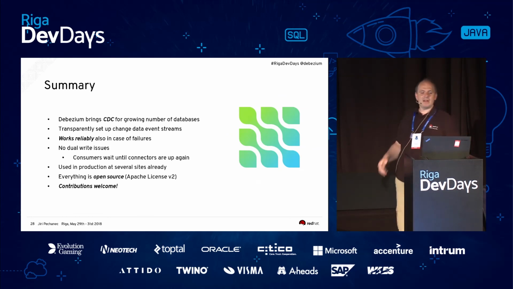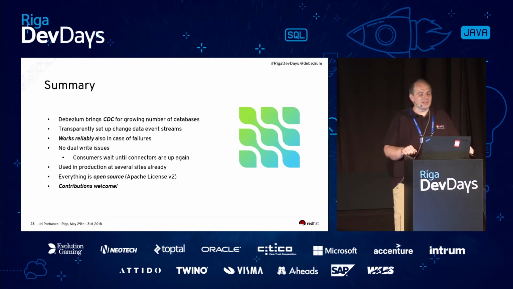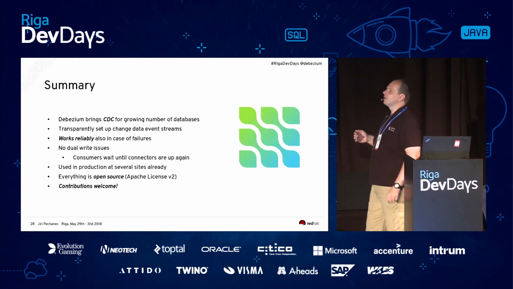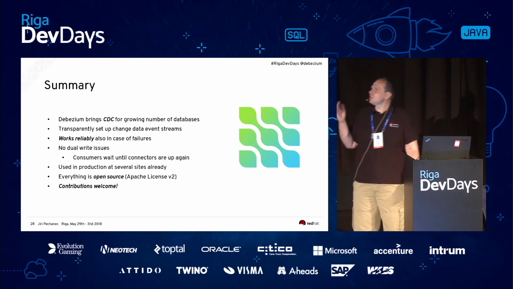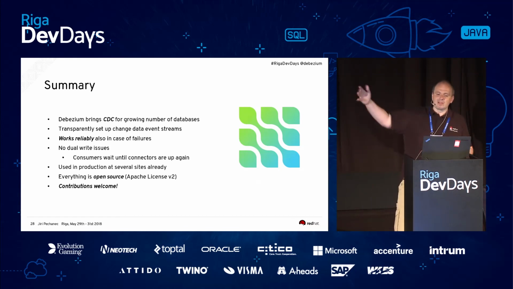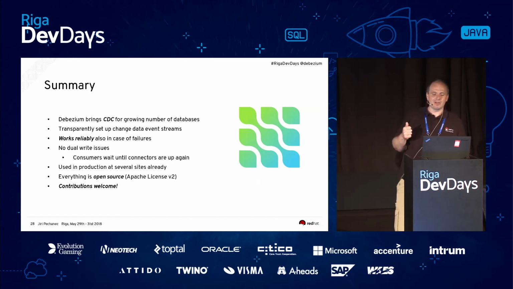So we are at the end. What are the key points of today's talk? Debezium is an open source project that brings change data capture for a growing set of databases. Now we can say four databases already.